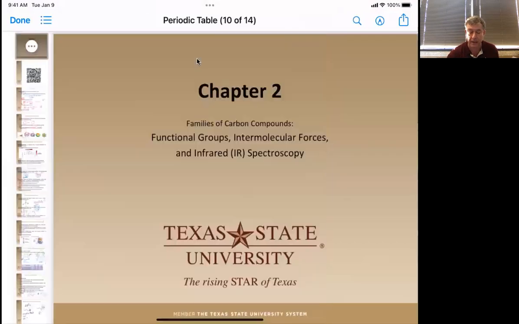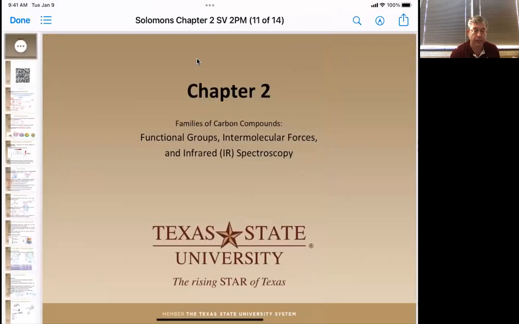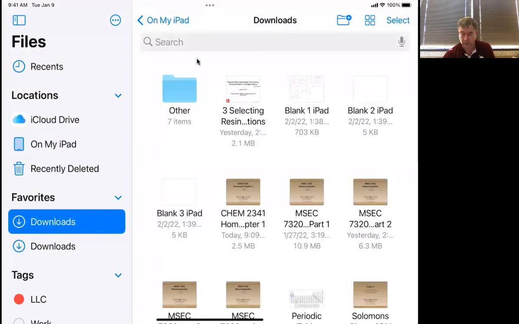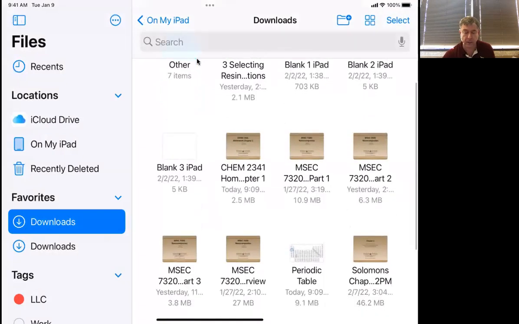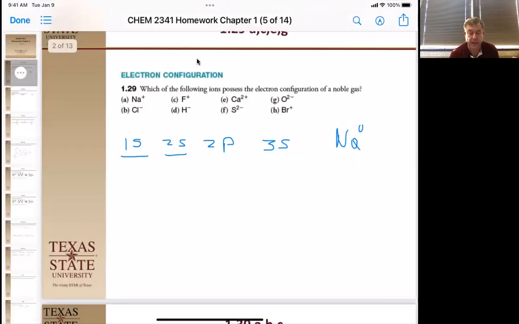So let's go back to where we were in the homework. We have 2 electrons in the 1s, 2 electrons in the 2s, 6 electrons in the 2p. And if it was neutral, we'd have 1 electron in that 3s.